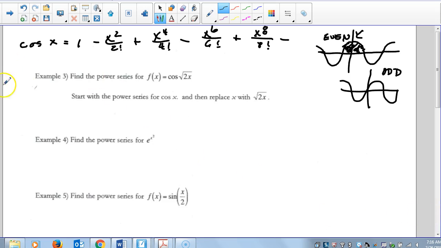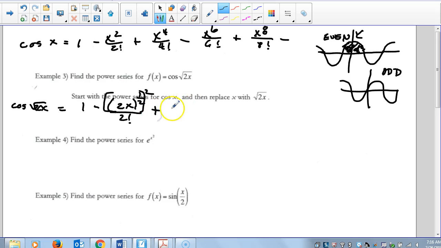So anyway, let's look at substituting square root of 2x. I've got cosine of square root of 2x, and I'm going to just substitute that in and change it to x to the 1/2, (2x)^(1/2). So (2x)^(1/2) squared, because I like to multiply exponents rather than have to think in my little brain what is going on.